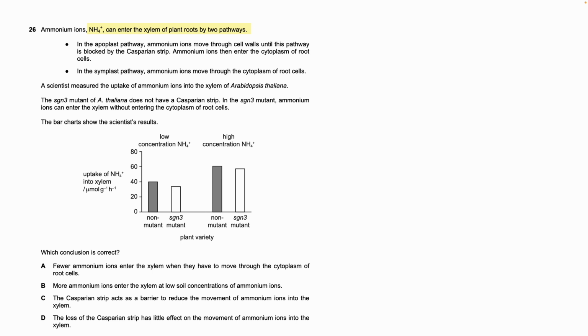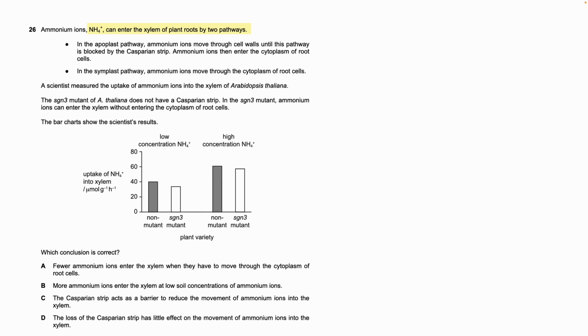In the symplast pathway, ammonium ions move through the cytoplasm of the root cells. Scientists measured the uptake of ammonium ions into the xylem of Arabidopsis thaliana. The SGN3 mutant does not have a Casparian strip. So in the SGN3 mutant, ammonium ions can enter the xylem without entering the cytoplasm of root cells.